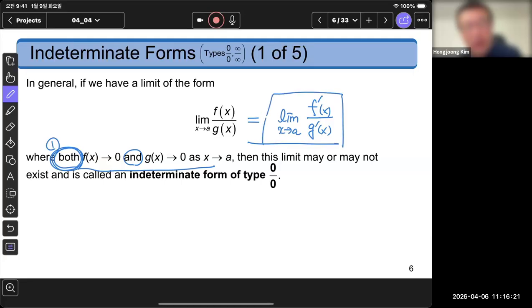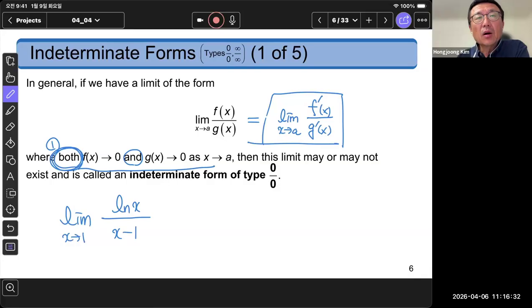So in the previous example, log x over x minus 1, both the numerator and denominator go to 0 as x approaches 1. So in this case, what is the derivative of log x? 1 over x. What is the derivative of x minus 1? 1.